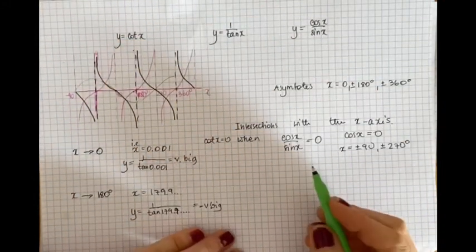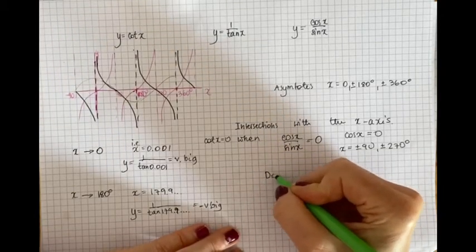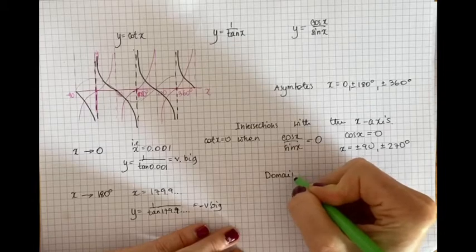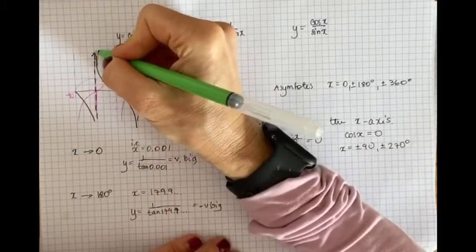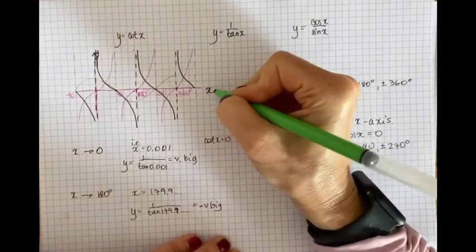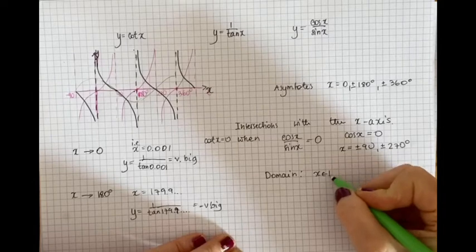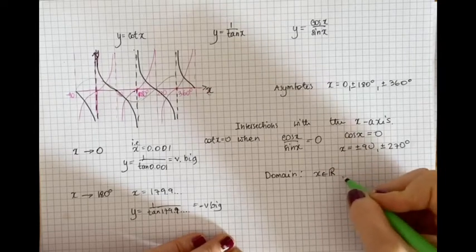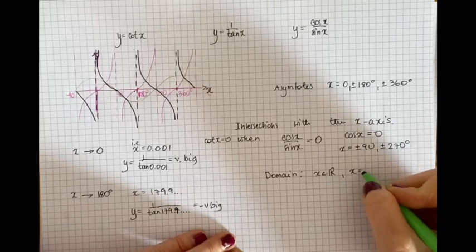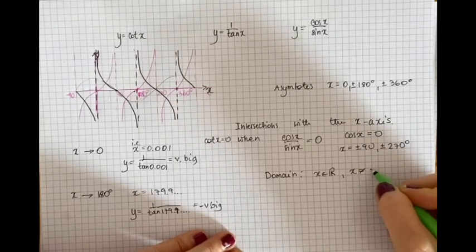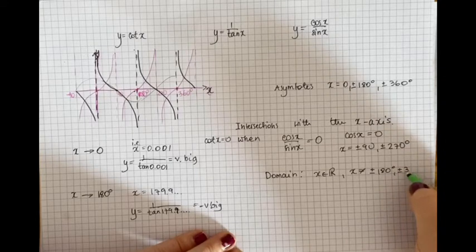So let's have a look at the features. We've got to look at the domain. If you look at this, this is my y-axis and this is the x-axis. The domain is all possible values belonging to the set of real numbers, apart from plus or minus 180 and the multiples, so plus or minus 360.